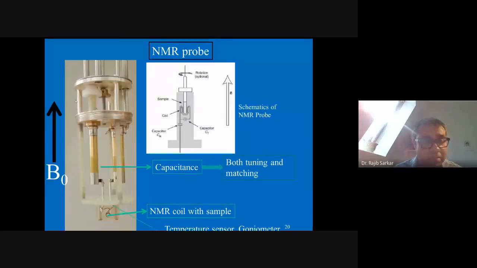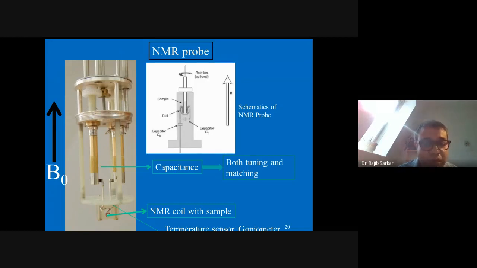And then another NMR instrument, because these are the instruments I wanted to show you, to give you a flavor of what kind of instruments and what kind of things you need to really do NMR. So for example, this is an NMR coil. As I told you, you have to place your sample inside the coil.